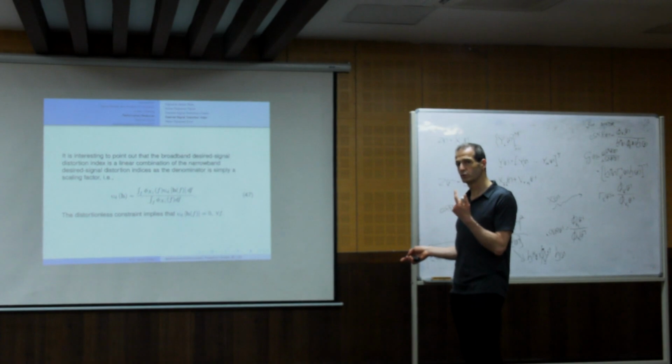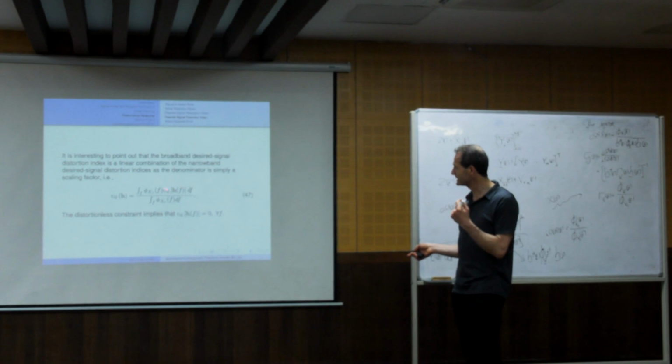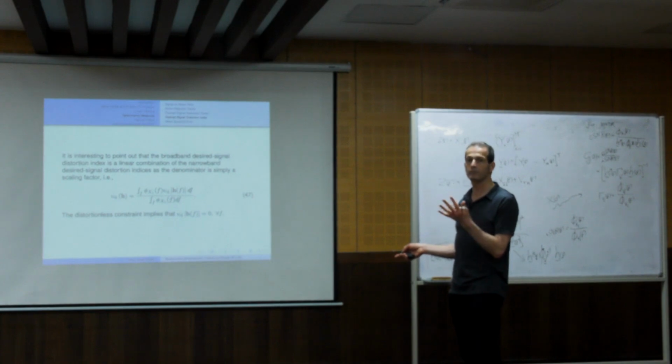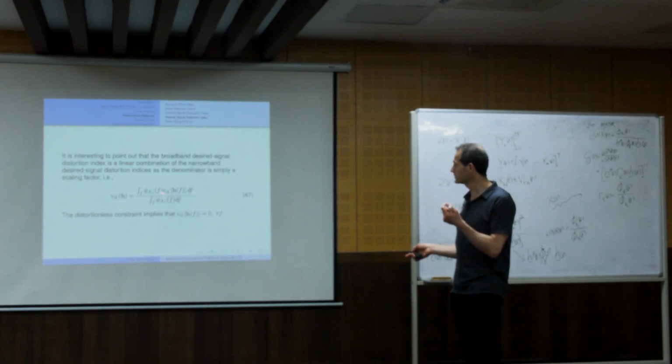That's why when you want to minimize the broadband distortion, you will try to minimize the narrowband distortion in the strong components, because where the variance of x1 is large, it will induce much more distortion in the broadband. In the weak components, we can allow more distortion.